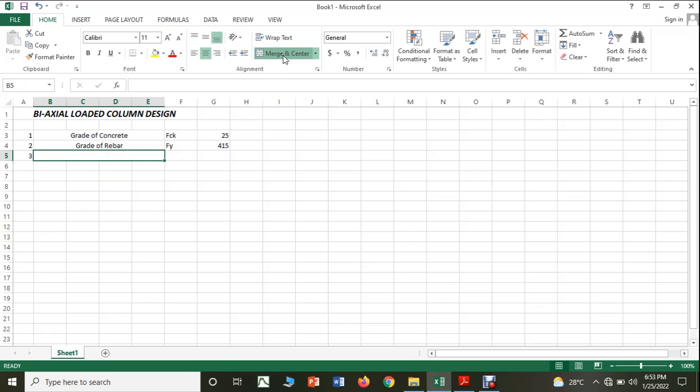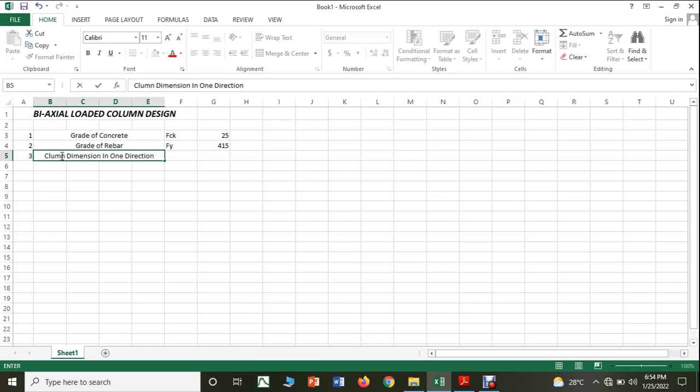Next, you are going to have the shorter dimension of the column, or I can give the column dimension in one direction, which is much better.